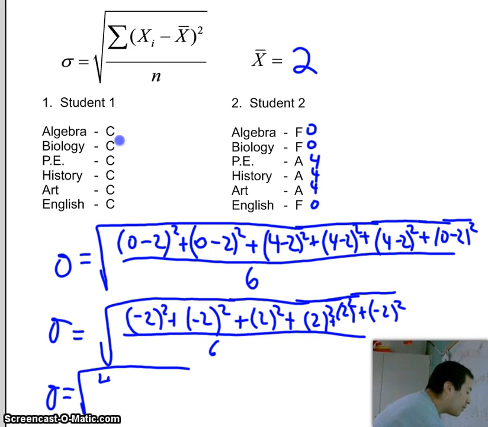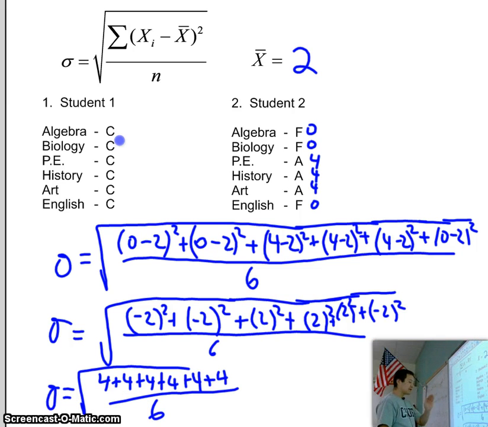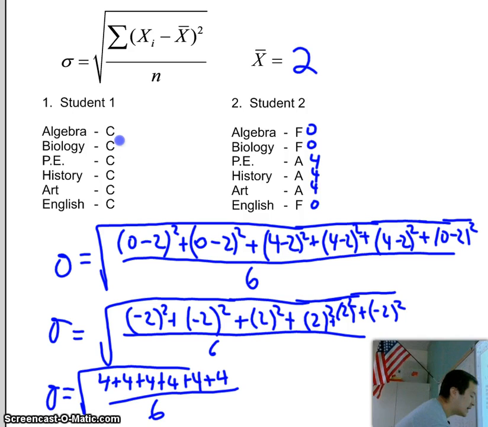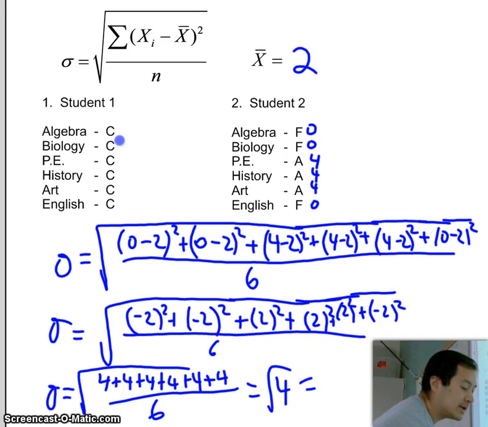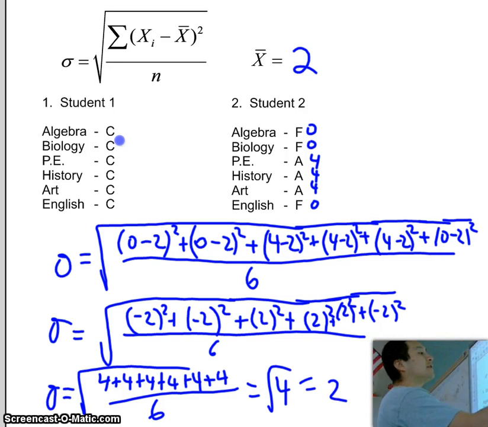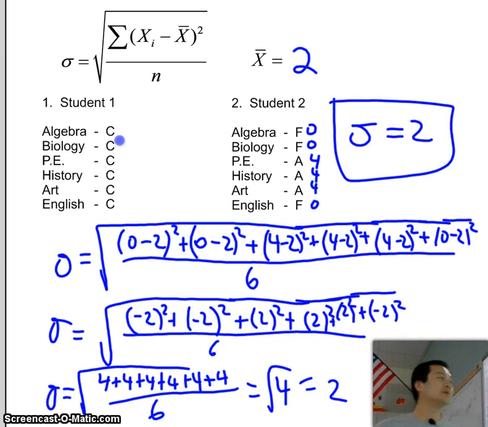So 4 plus 4, 6 times. 1, 2, 3, 4, 5, 6. Divided by the number of numbers. 4 plus 4 plus 4, 6 times is 24. Divided by 6 is 4, so the square root of 4. The square root of 4 is 2. So the standard deviation is 2 for student number 2.